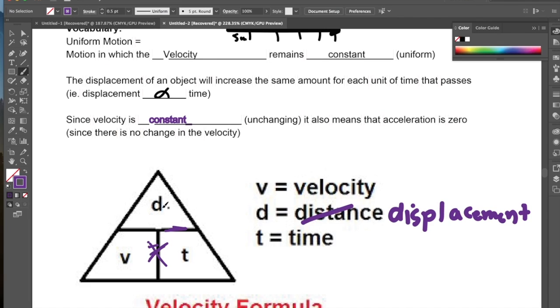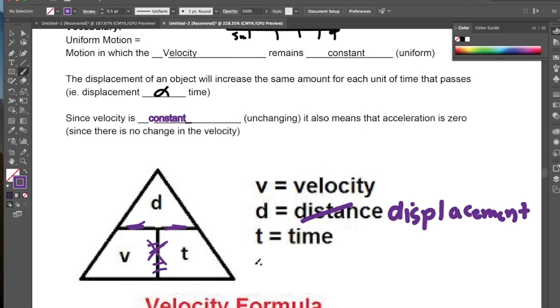Let's say we knew the displacement and the velocity, and we wanted to figure out how long the object's been traveling. Then we could do the inverse: time equals displacement over velocity. We'll do more about proofs of these formulas, but for right now we can keep these in mind as we move forward.